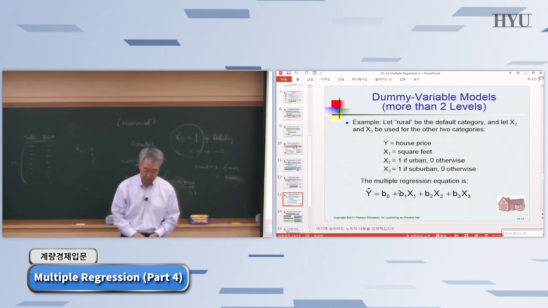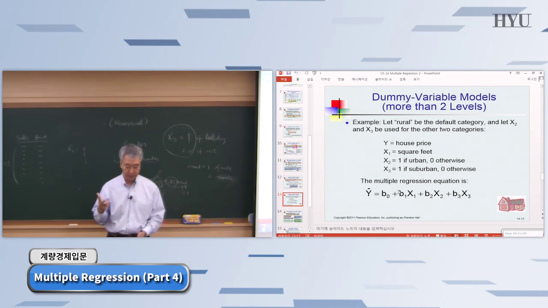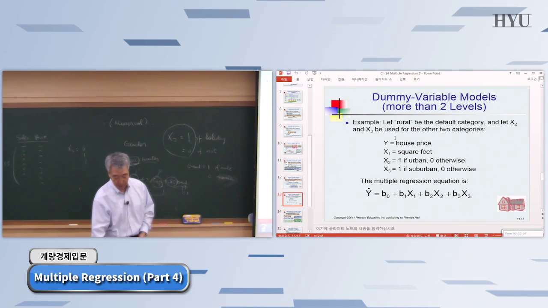How do we do that? If you have 3 levels, then you have to create 2 separate dummy variables. Here we have the dependent variable and the square feet as the first independent variable. Now, in order to handle the 3 levels of location, we create the first variable. You can say X2 or you can say urban.